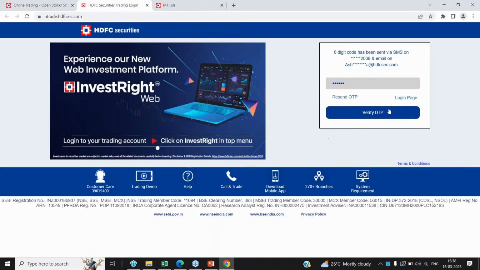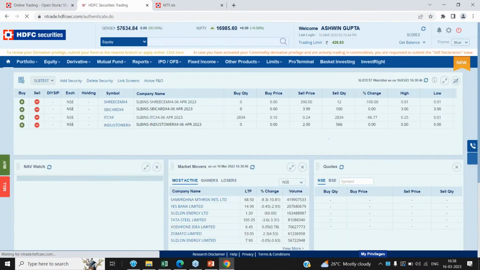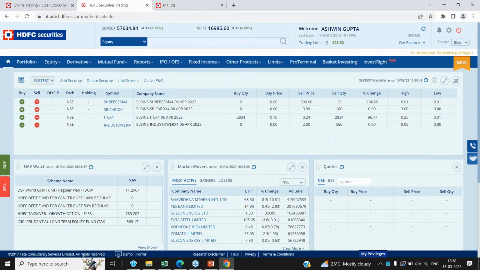I'll click on verify. This is a two-factor verification wherein my transactions, everything, is secured and safe. This is our ITS platform where investors can place an order not only in MTF. Investors can trade in derivatives.